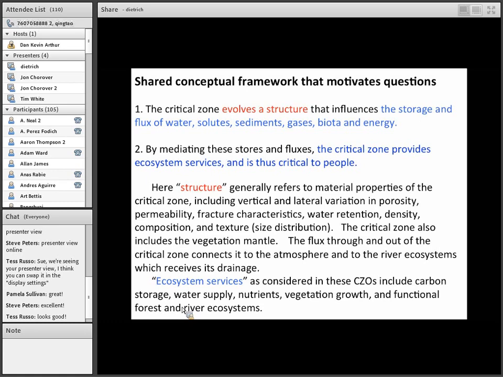The Eel CZO asks the question, do specific locations or time periods of significant activity disproportionately impact weathering, biogeochemical cycling, hydrologic processes, and atmospheric inputs that drive landscape evolution and CZ function? So I think the key attribute here is the idea of events at specific locations and time periods having a consequence for how the critical zone operates.